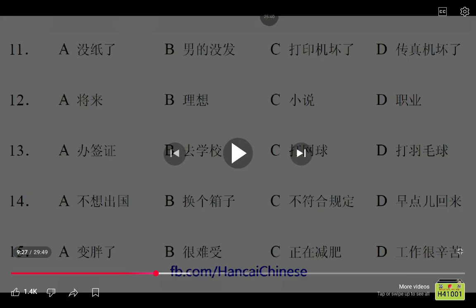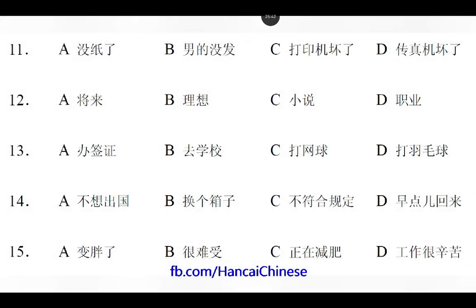Another thing I told you, there are two options related to the audio. One is a trap for you, one is the correct answer. This is the correct answer, this is a trap for you, because in the audio we listen to guo, but you have to read the word before guo.